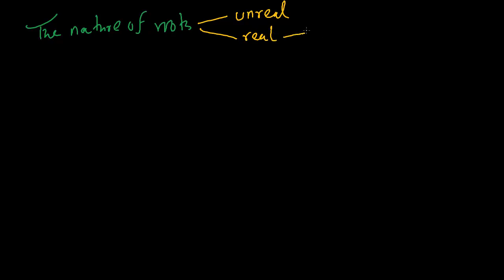If it is real, it could be two different roots, like real and different, or it could be equal roots. So we have basically three situations or two main categories. It could be real and different, it could be real and equal, or it could be unreal.